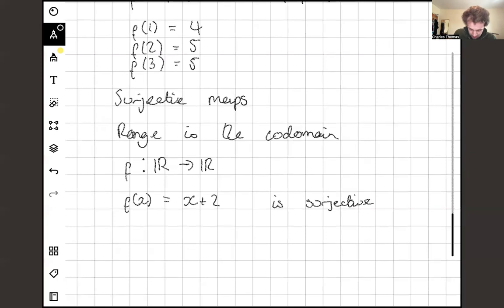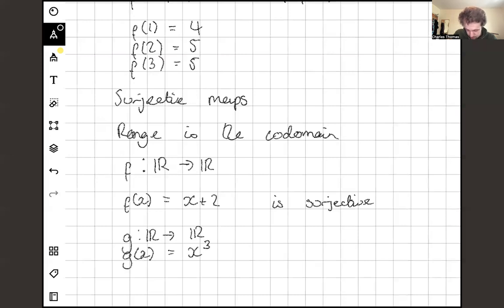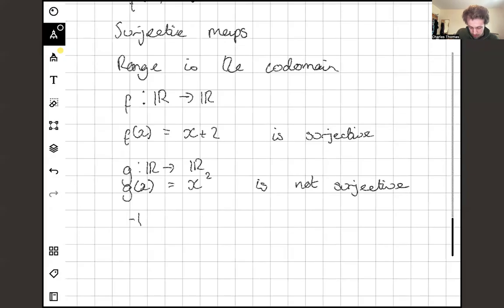But the function g, which is, say, g of x is x squared, is not surjective. And this is because -1 is in R, but is not in the range.